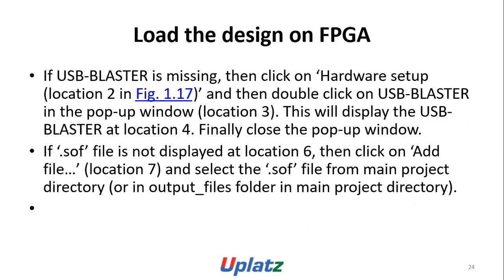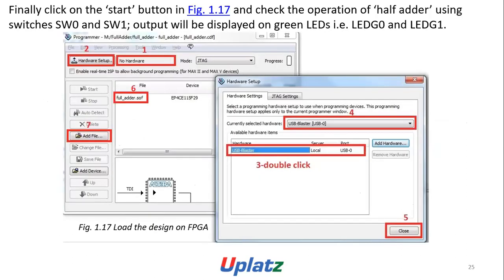If the .sof file is not displayed at location 6, then click on Add File at location 7 and select the .sof file from the main project directory or from the output files folder in the main project directory. Finally, click on the Start button in figure 1.17 and check the operation of the operator using switches SW0 and SW1. Output will be displayed on the green LEDs G0 and G1.